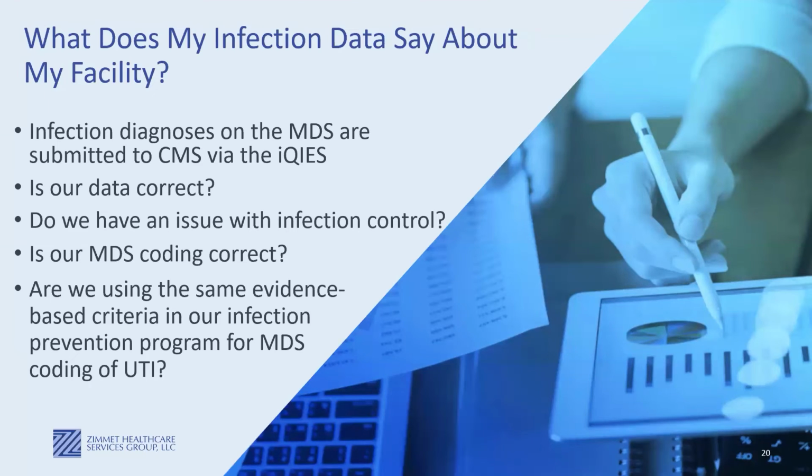I can look at an MDS and see if they have multiple infections coded, like septicemia, MDRO, pneumonia. If all of those were coded, I would start looking into the chart, making sure that that was correct. We have a lot of diagnoses in some of our systems that pull the diagnosis from the diagnosis list right onto the MDS.